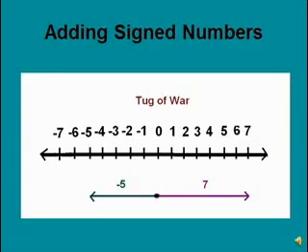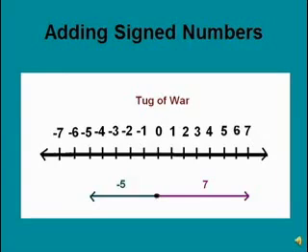Now the second part of the problem would be, well, why exactly does the positive team win? I mean, be very, very specific. If the positive team has 7 persons pulling and the negative team only has 5, why is it that the positive team wins? And the answer is because the positive team had 7 players, the negative team had only 5. 7 is 2 greater than 5.